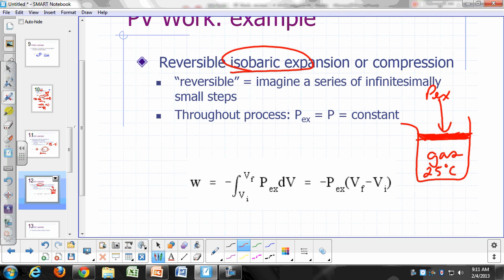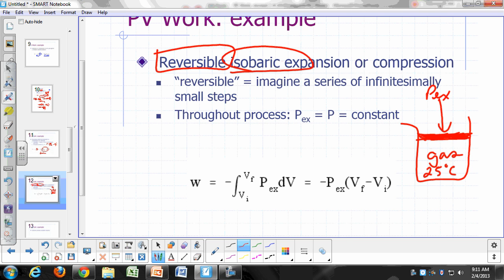You gradually heat your sample, so that at all times, while it's expanding, the pressure of the gas is equal to the external pressure. And at all times, the temperature of the gas is equal to the temperature of your surroundings. So it's at equilibrium at all times. That's how you carry it out reversibly. How would you carry this out irreversibly?